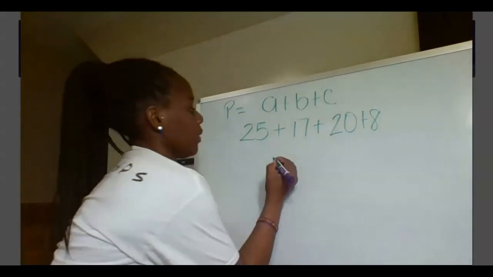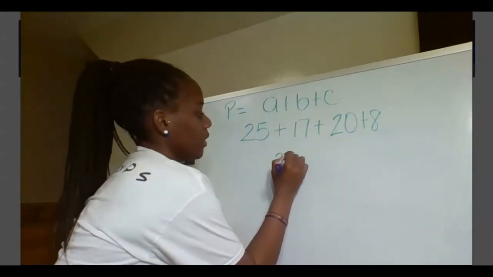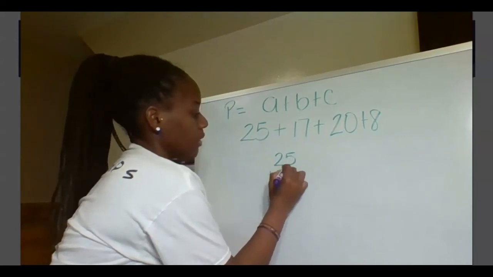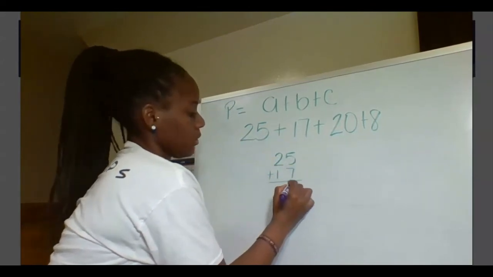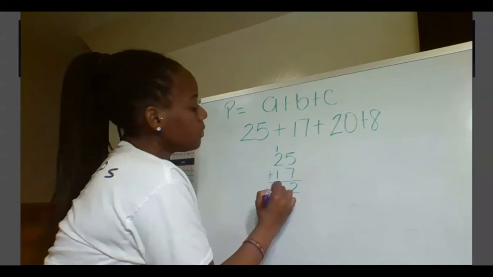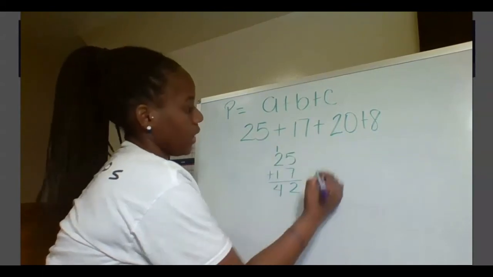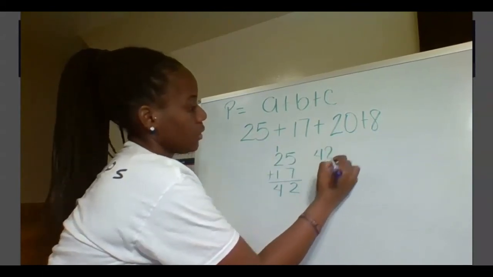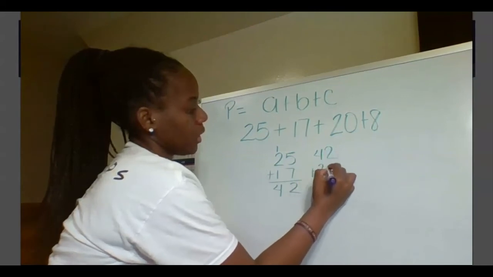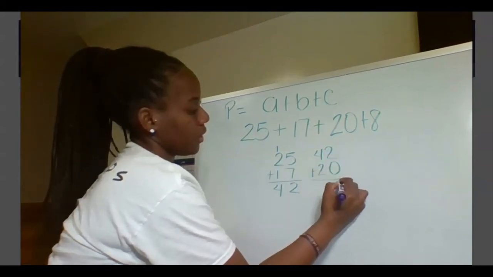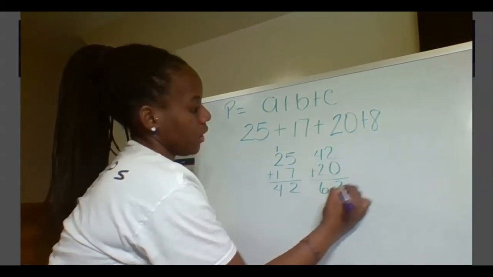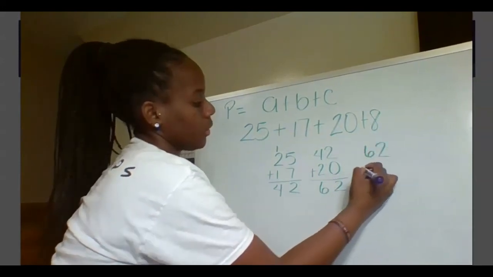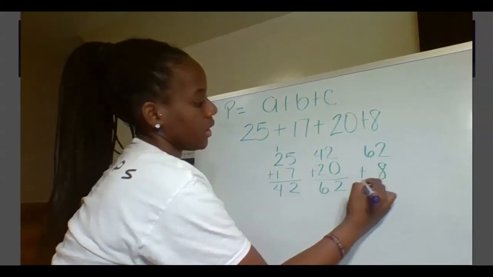So 25 and 17, 42, and then 42 plus 20, 62, and then 62 plus 8.